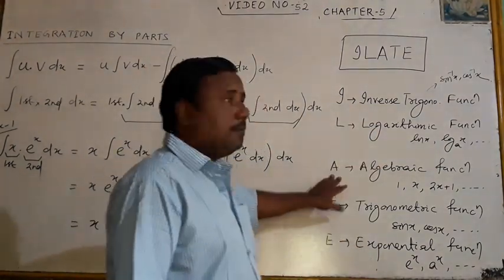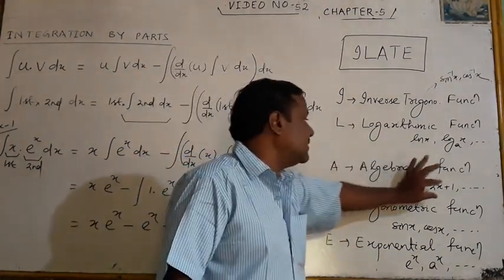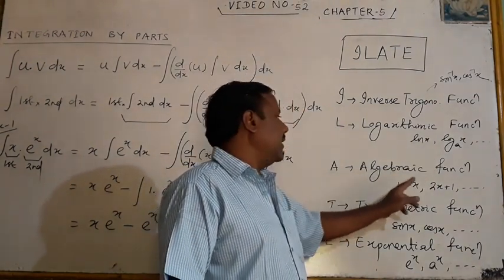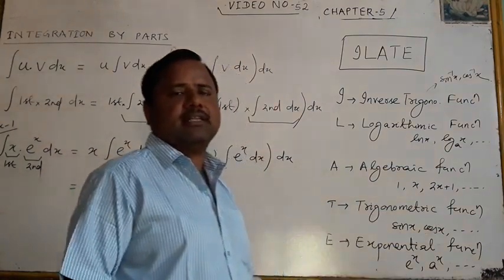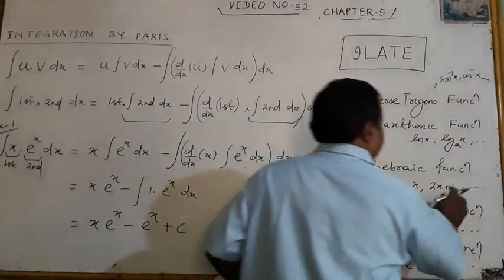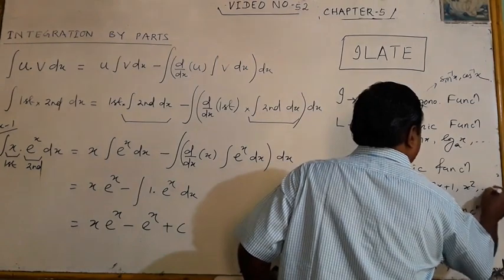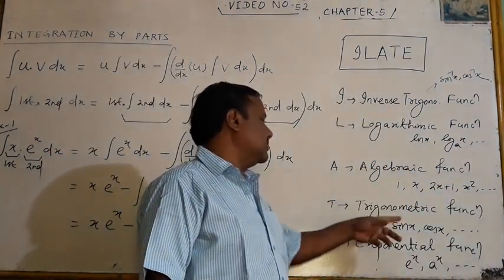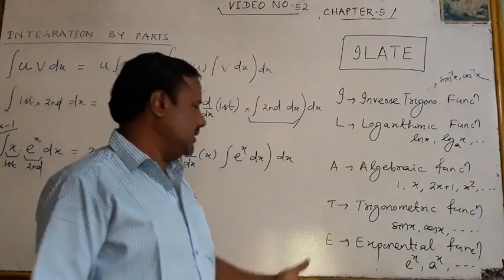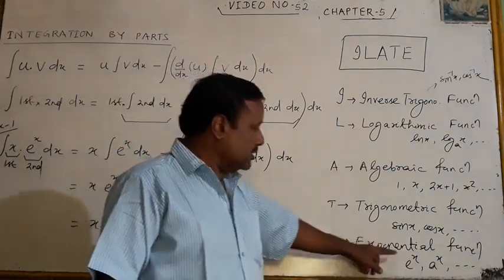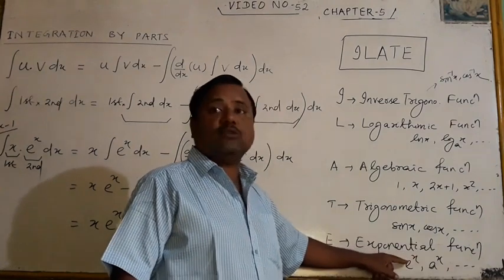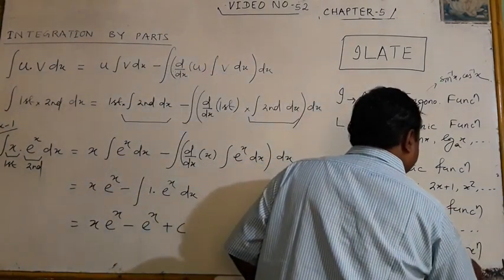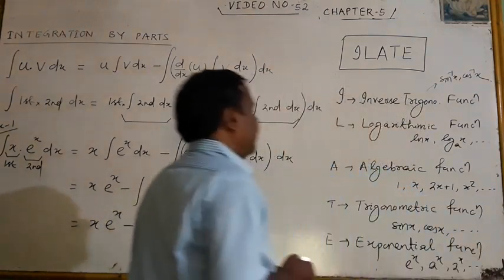A is algebraic function, it is very important, you have to remember, every algebraic thing. 1 is also an algebraic function, mind it. 1, x, 2x plus 1, x square, something. Every algebraic thing is called an algebraic function. T means trigonometric function, sin x, cos x, like this. E is exponential, any constant to the power x, e to the power x, a to the power x, 2 to the power x. These are called exponential functions.